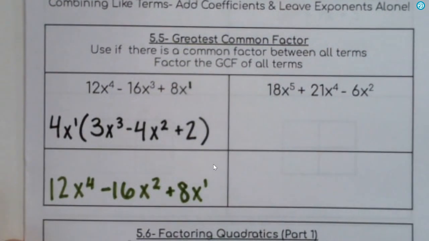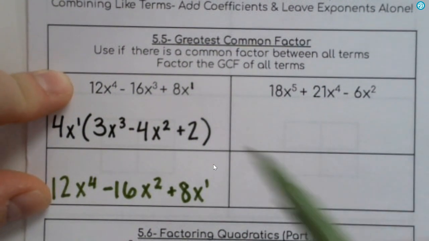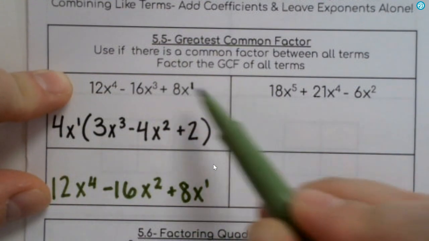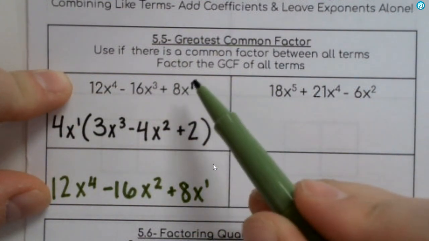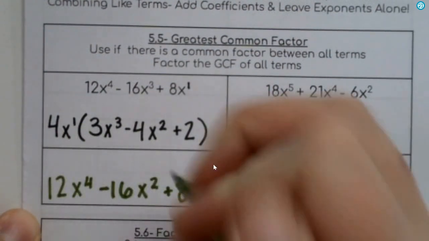And then I'm going to pause and check that my original question, I factored it and then multiplied it back out. I should be back to the original. And I'm not. I made a mistake. Does anybody see where my mistake is? What is it? Yeah, so 1 plus 2 should be 3 right here.